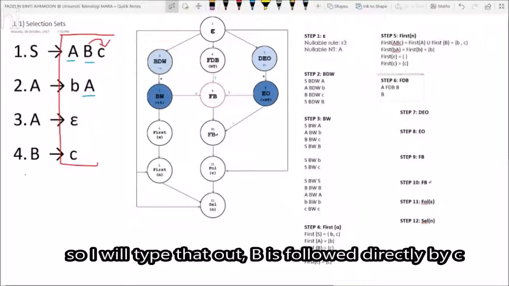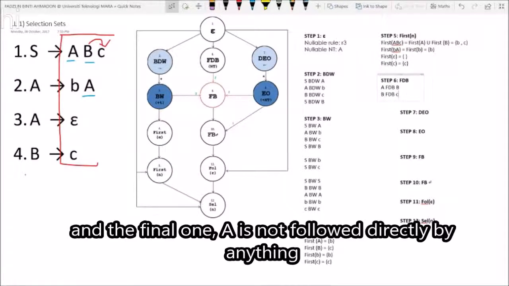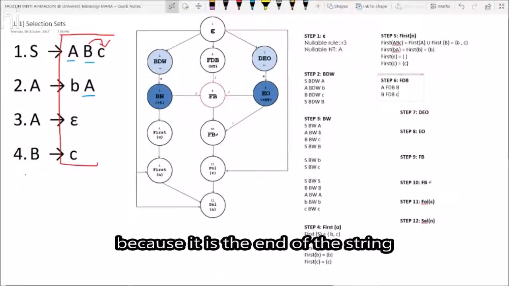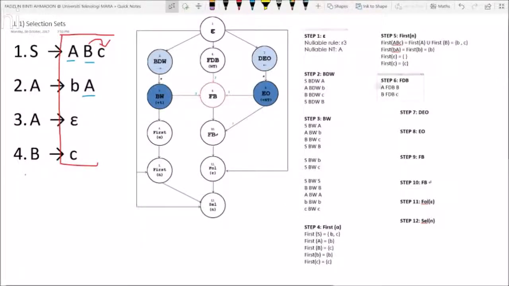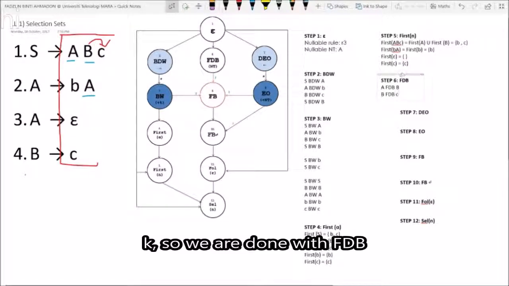B is followed directly by C. And the final one, A is not followed directly by anything because it is the end of the string. Therefore, for FDP, we only have 2 lists. Okay, so we are done with FDP.